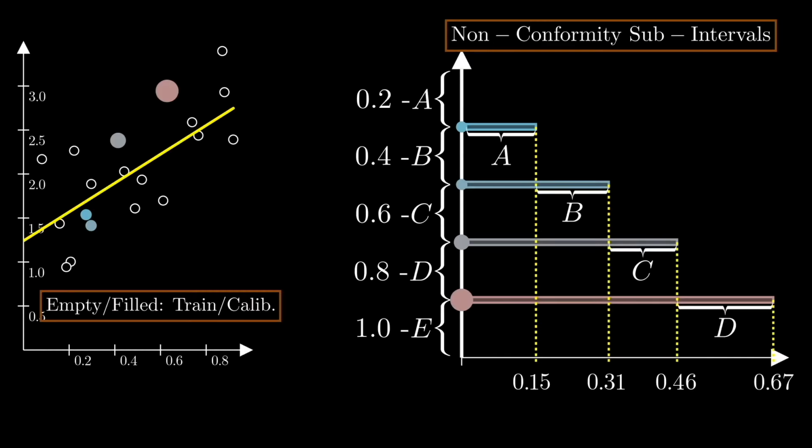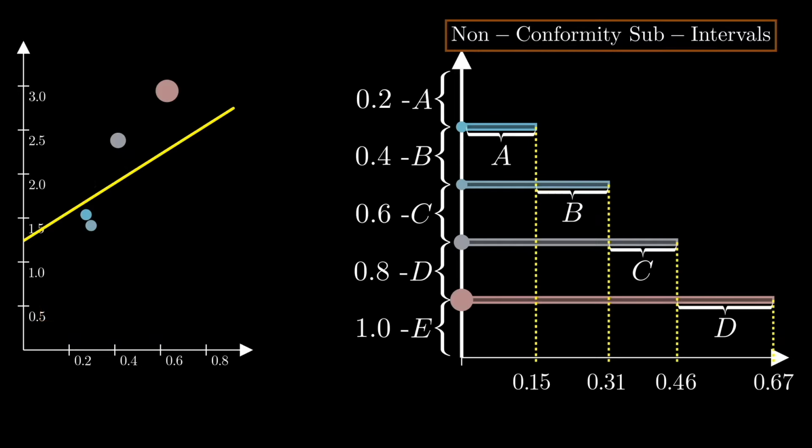So each of the 5 non-conformity subintervals, that is, the horizontal curly brackets, in turn corresponds to a pair of target value subintervals in the xy space, the left plot. To better see this, let's remove the training points.